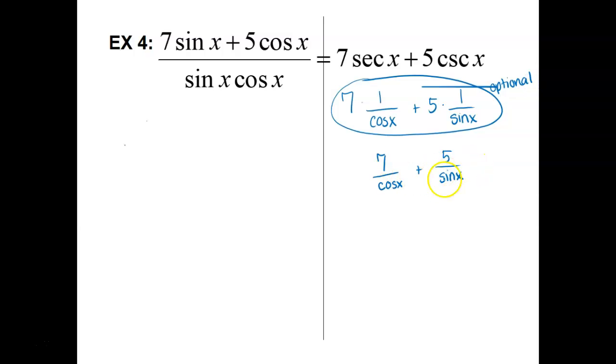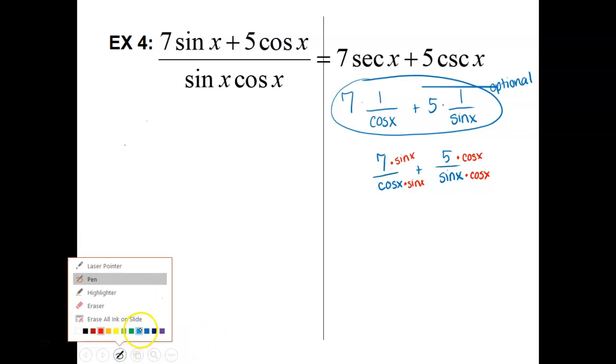And if I want to add those together, what do I have to have first before I can add fractions? Common denominators. So to get common denominators for this one, I would need to take this fraction and multiply it by sine x on top and bottom. And I would take this fraction and multiply it by cosine x on top and bottom.